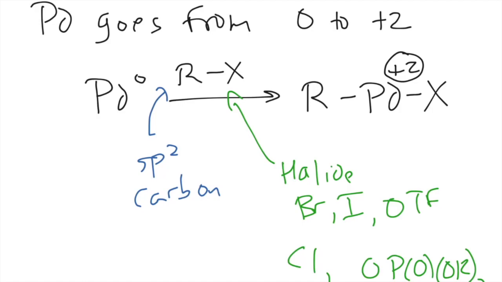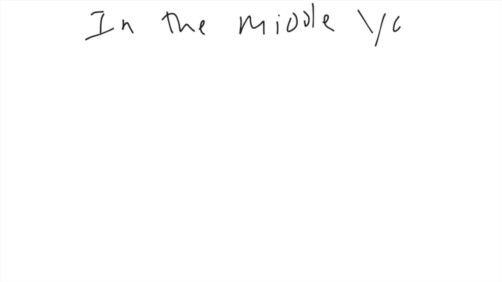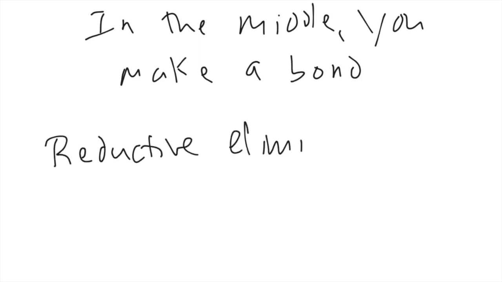In the middle, you make a bond. So at some point in the reaction, you make a bond, and then you end by doing something called reductive elimination.